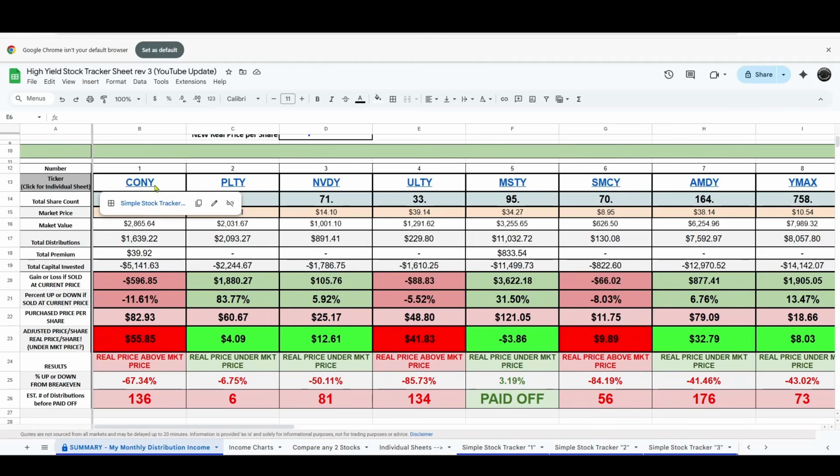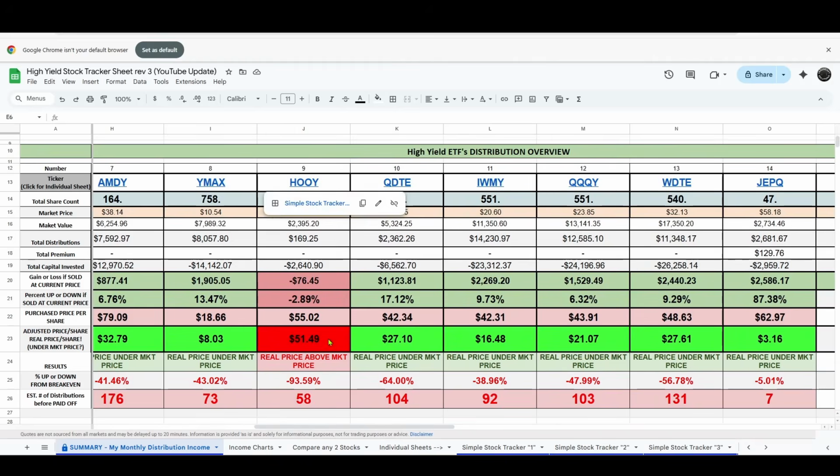So as you can see on CONY, I'm currently down 11% with a real price per share of $55.85. ULTY, I'm down 5.5% with a real price per share of $41.83. SMCY, I'm down 8% with a $9.89 real price per share.